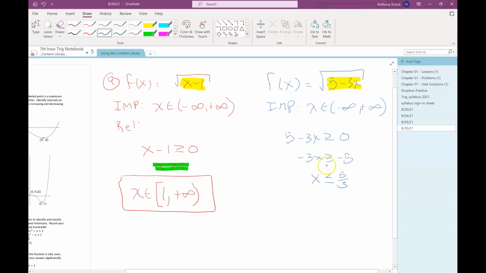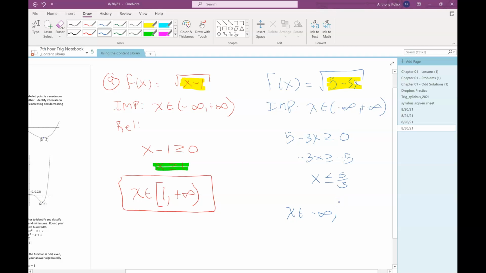So here I have x is less than or equal to 5/3. So again, if I think about what that is, that's 5/3 and then everything's smaller, right? So the smallest number here, well, there isn't one because it goes on getting smaller forever. So that's going to be -infinity.